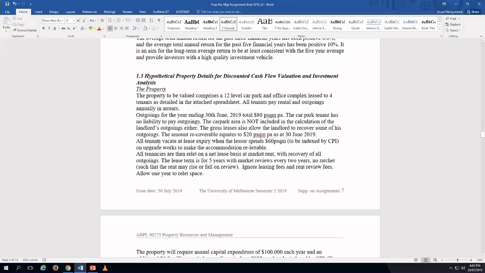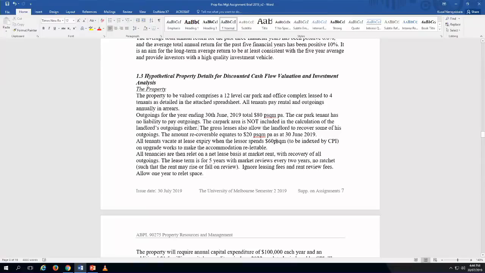All tenants vacate at lease expiry, when the lessor spends $60 per square meter, to be indexed by CPI, on upgrade works to make the accommodation relettable. Right.